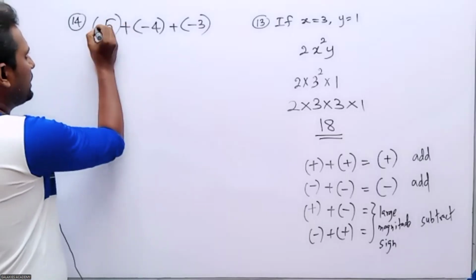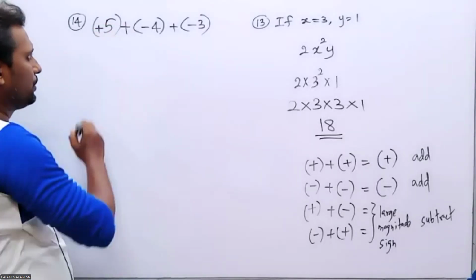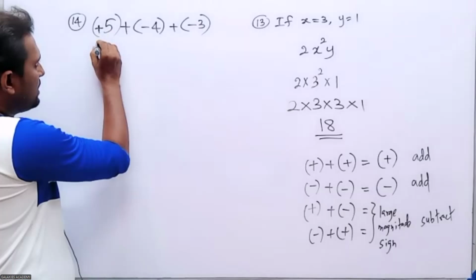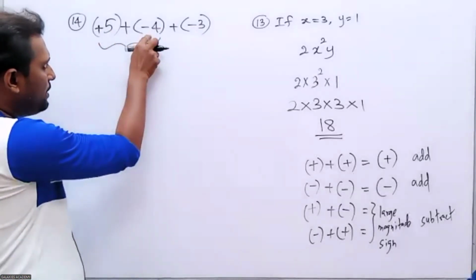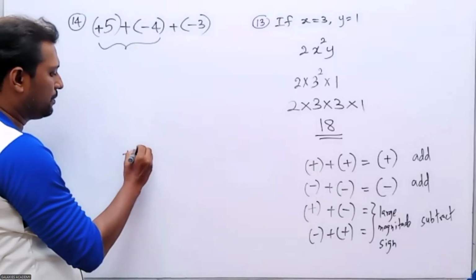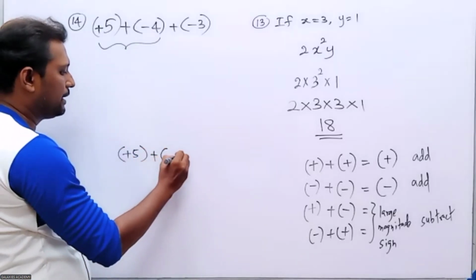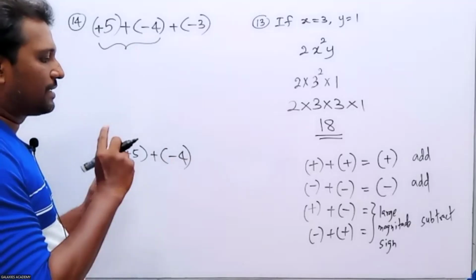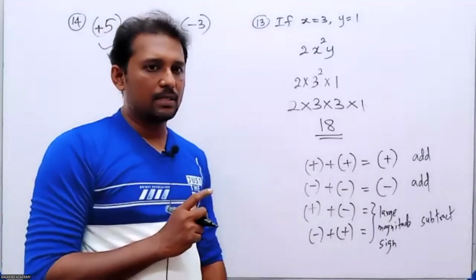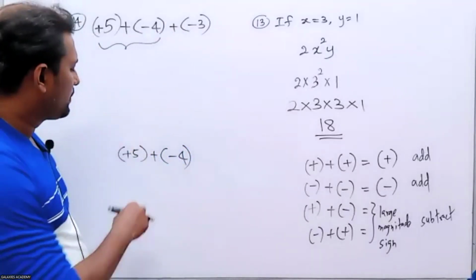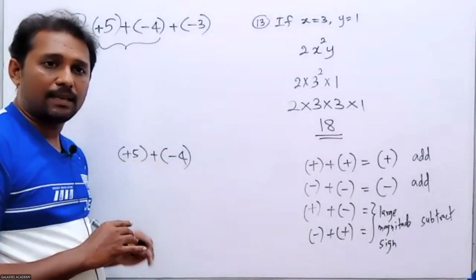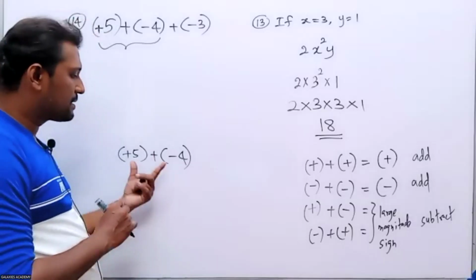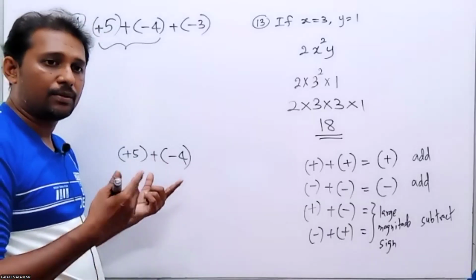Right, I will put positive. Then look at what is the answer of these two numbers addition. Positive 5 add negative 4. At one time you add only two directed numbers, don't you? Add these two. They are different signs directed numbers, no? If the signs are different, what you have to do?